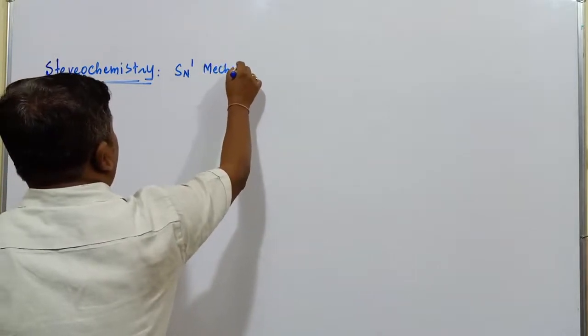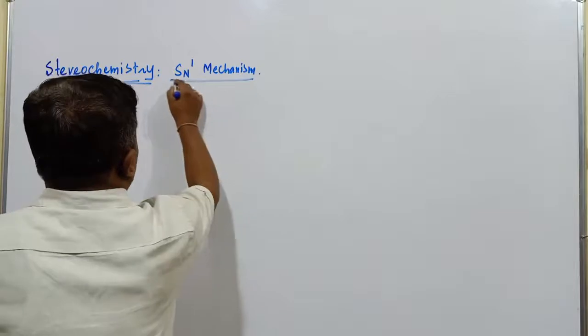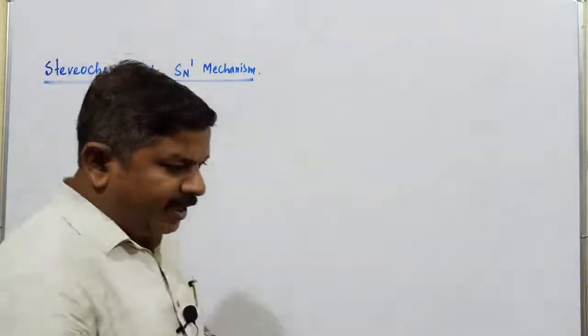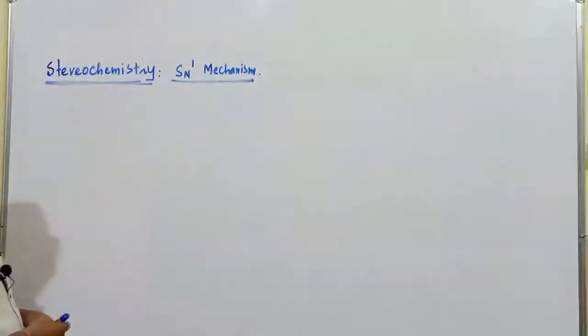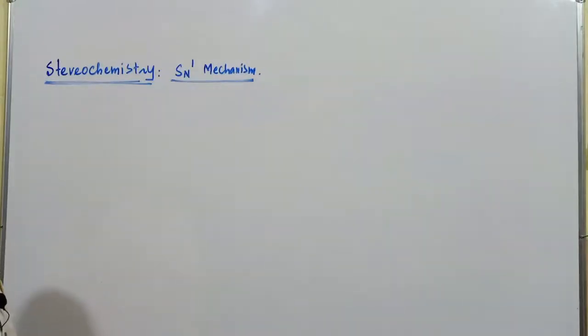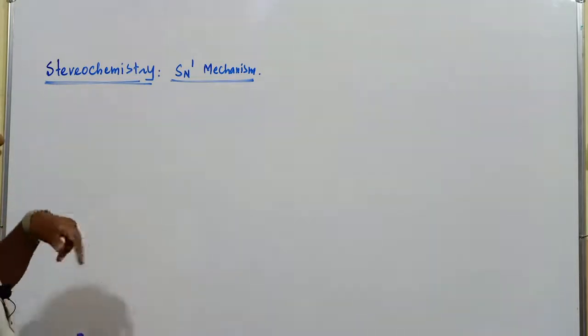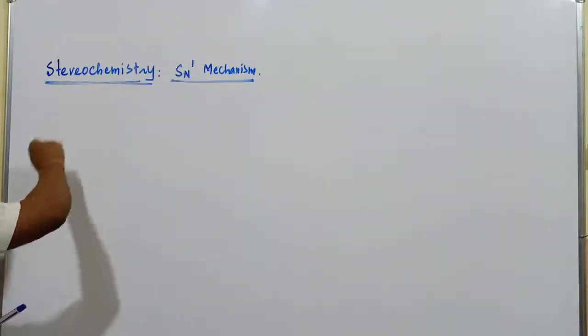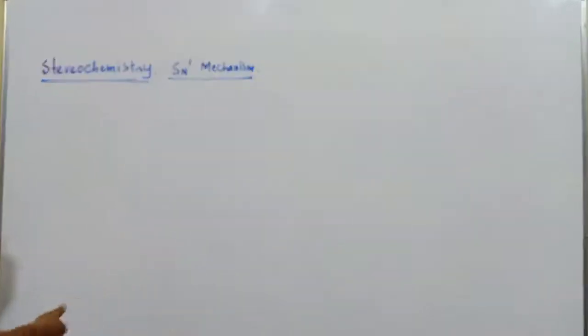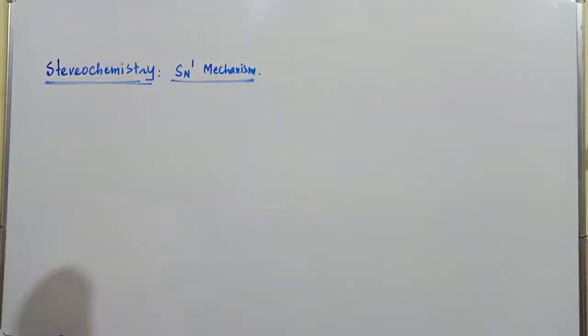In the SN1 mechanism, the molecule undergoes a nucleophilic substitution reaction, and whenever it does, both retention of configuration and inversion of configuration take place. What is the meaning of retention of configuration and inversion of configuration, and how does it take place? Usually any molecule undergoing the SN1 mechanism is supported by a racemic mixture, or racemization.